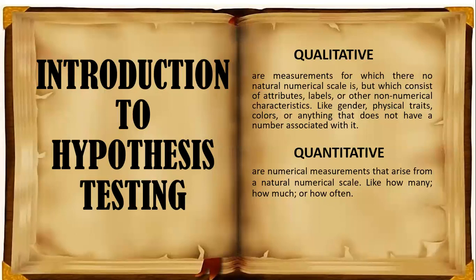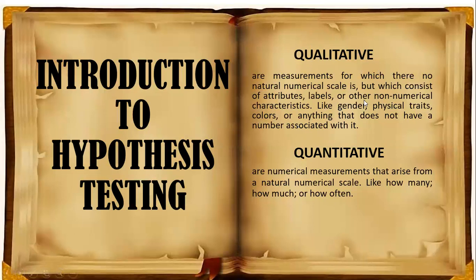It is expressed in numbers and has a larger sample size. For the data, it is analyzed through math and statistical analysis. Okay, any questions on these two terms, class, about qualitative and quantitative, before we proceed to the next slide?